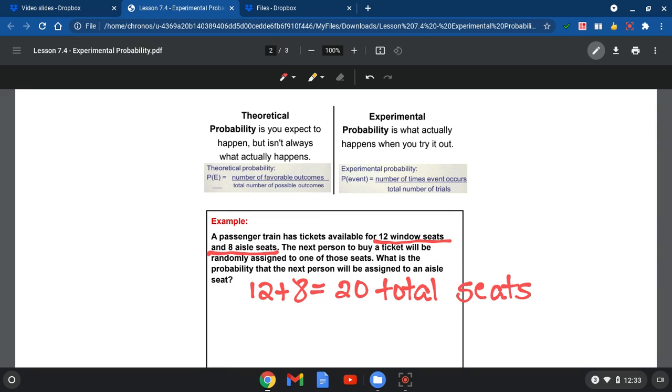So if I was to randomly assign one of those seats, there are 8 aisle seats available to choose from out of 20 possible seats to choose from. When we reduce this, it reduces to 2 out of 5. So there is a 2/5 probability that the next person will be assigned to an aisle seat.